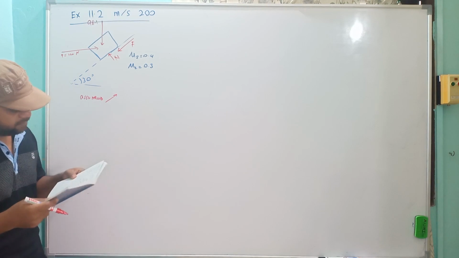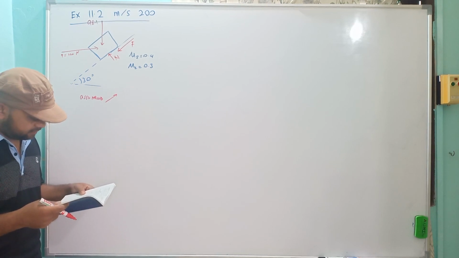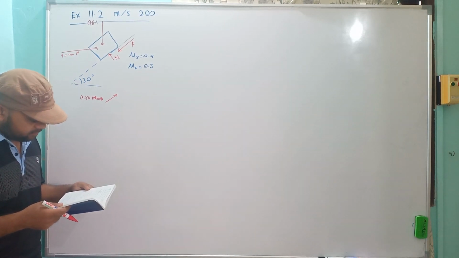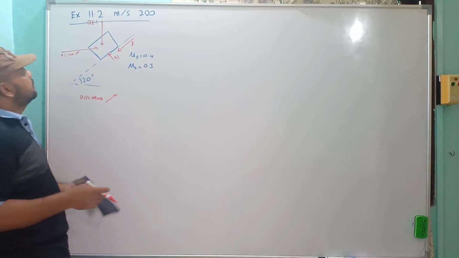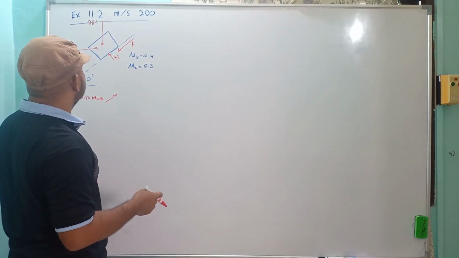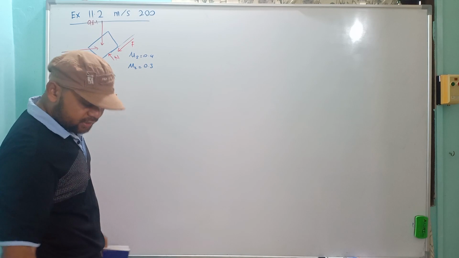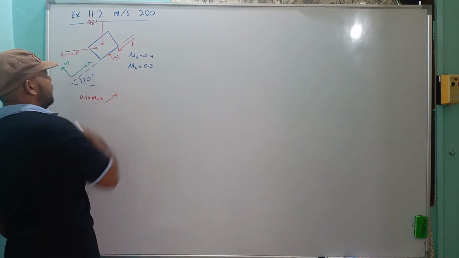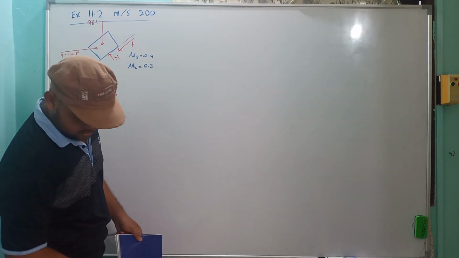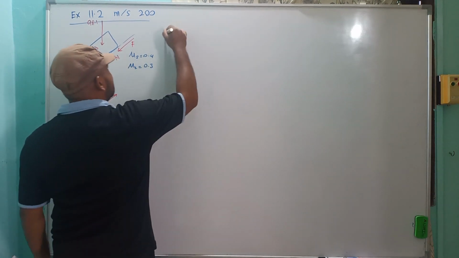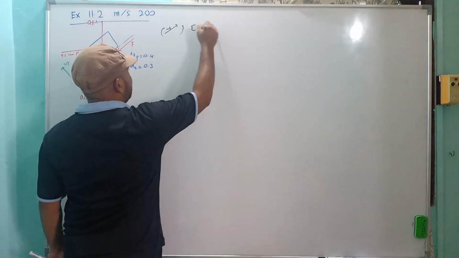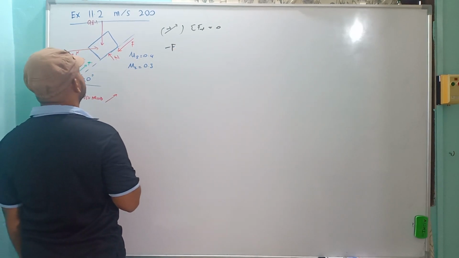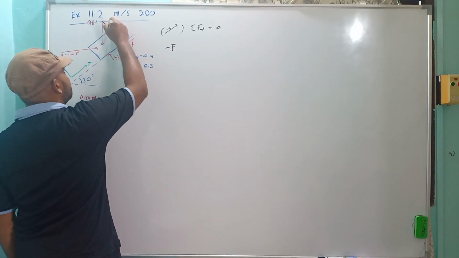Okay, so here I have done this exercise. First we put the axis, x and y. And we go sigma Fx equal to 0, so we have minus F. This one we resolve here.